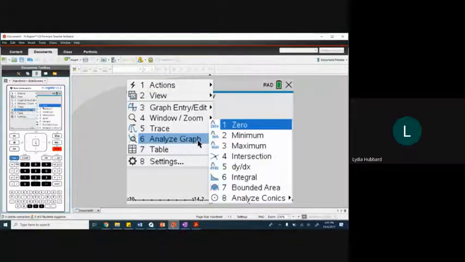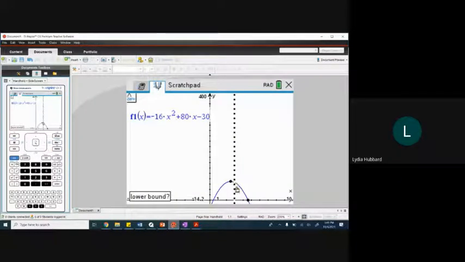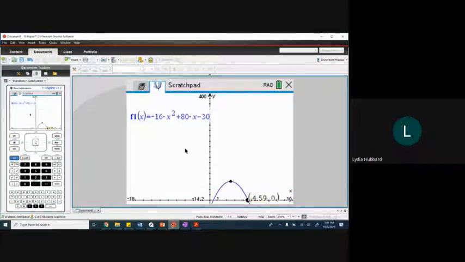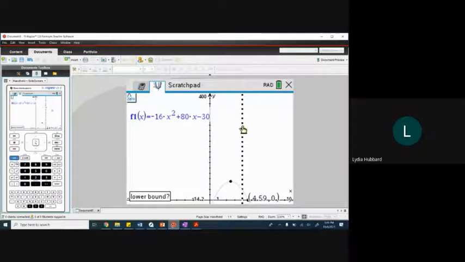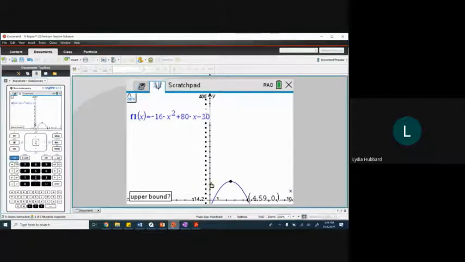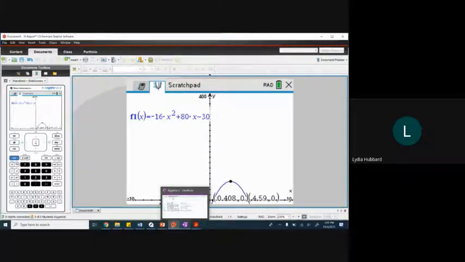So we're going to hit Analyze Graph, 0. Go to the left and to the right to get our first 0. Then we'll again hit Analyze Graph, 0. Left of that 0, right of that 0, and we'll get another one there. So this is actually hitting 300 feet twice, similar to the last problem, and it's happening at 0.408 and 4.59 seconds.